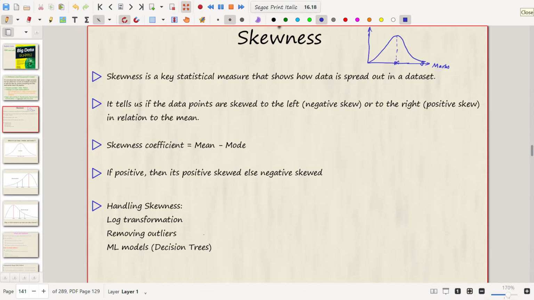That should be the first question. You want the number of students on the y axis, and you want marks on the x axis. So this is regarding a test.